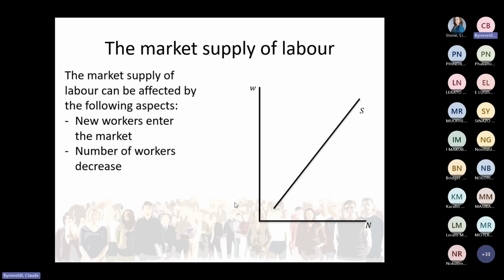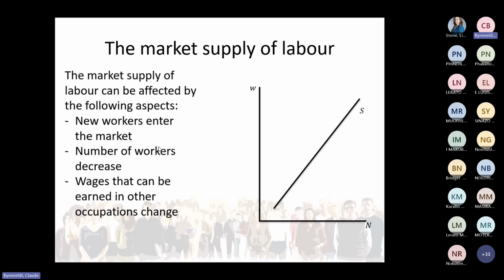So what are these non-wage determinants that can shift the supply of labor curve either to the left or to the right? New workers can enter the market. It means that new entrants come in.